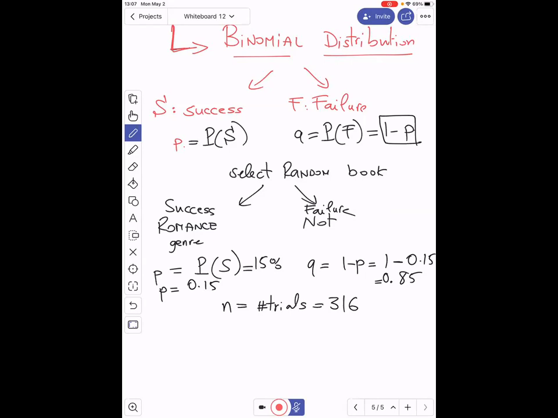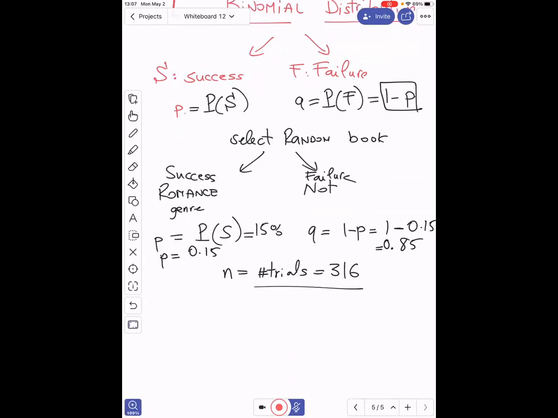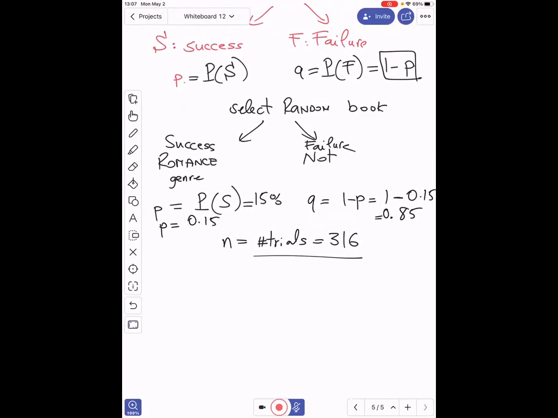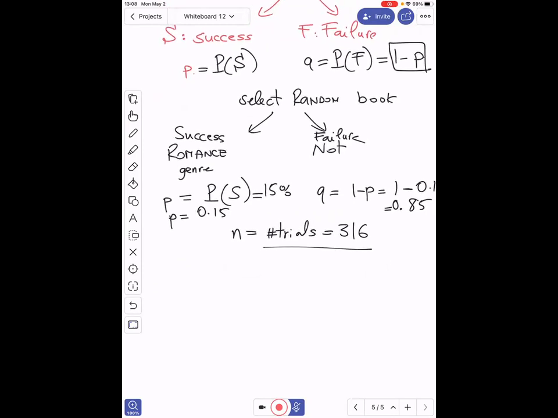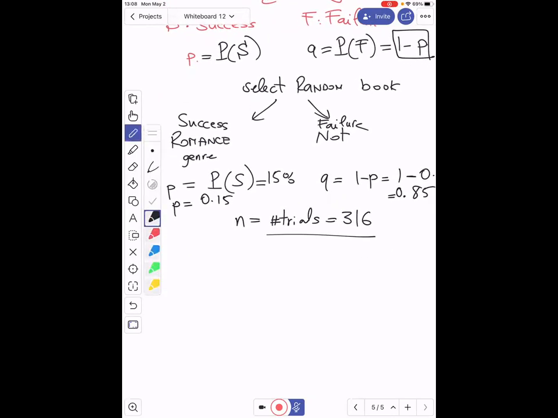All right. Well, I guess we don't have time to answer everything, but let's say you want to answer number 1. It says, so a success here, again, is when your book is of romance genre, right? And the probability of success is 0.15.